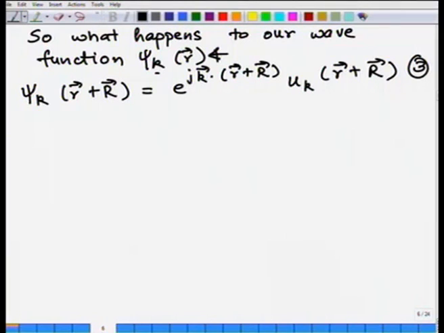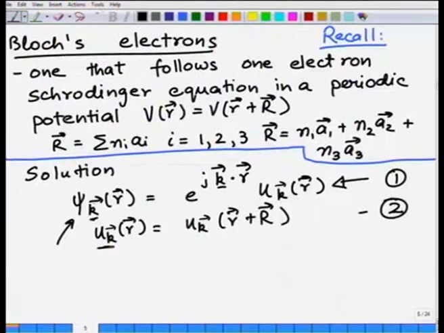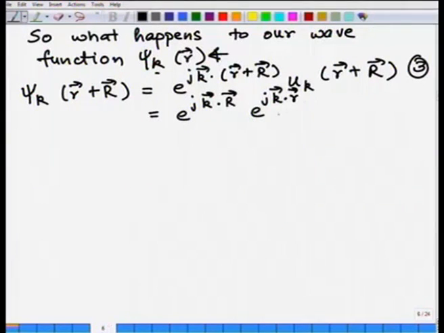This quantity will be equal to e to power j small k capital R times e to power j small k dot small r, and now I am going to use equation number 2, which says u of k at r plus R is the same thing as u of k at r, that is periodic. So, I am going to replace this by u k just r.